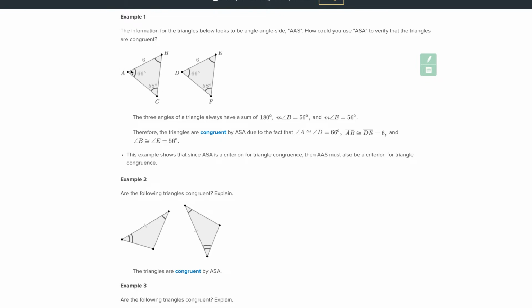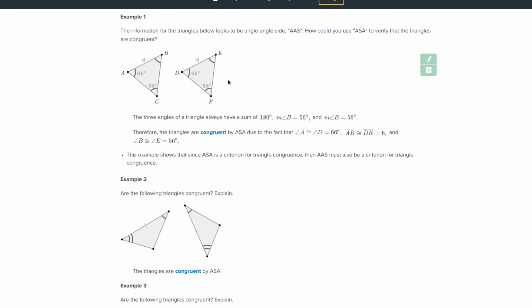Well, if one of my sides has been specified, everything else kind of has to be locked into place. If this is 6, I put a 66 degree measurement here and draw a line. Say it just goes on forever, or a ray anyway. And then I also have the 58 degree angle at this point, so I can draw a 58 degree angle at E and draw a ray that goes on forever.